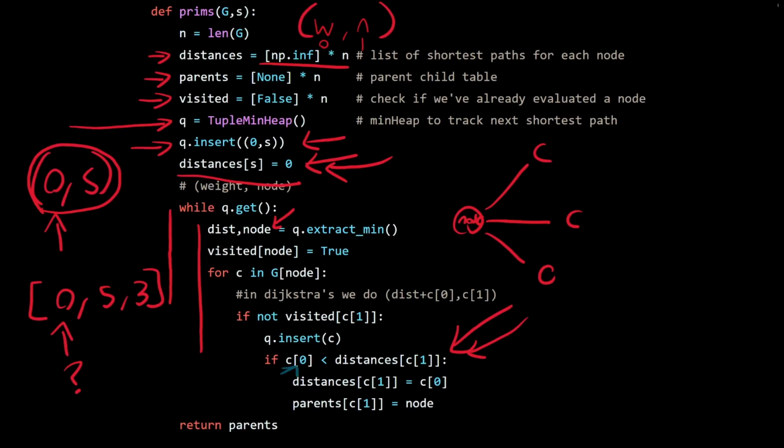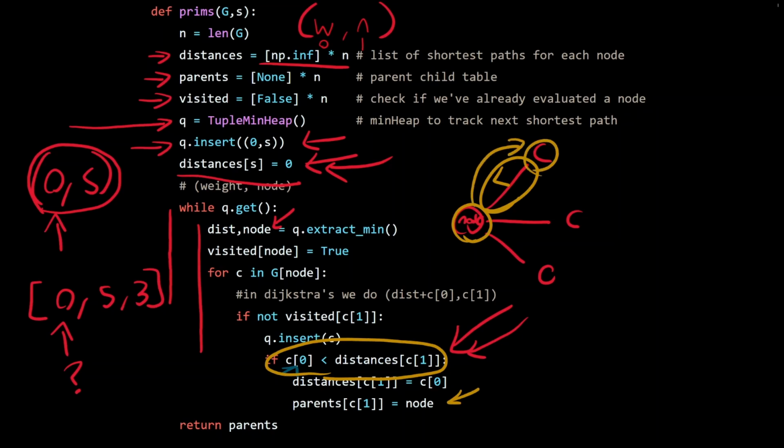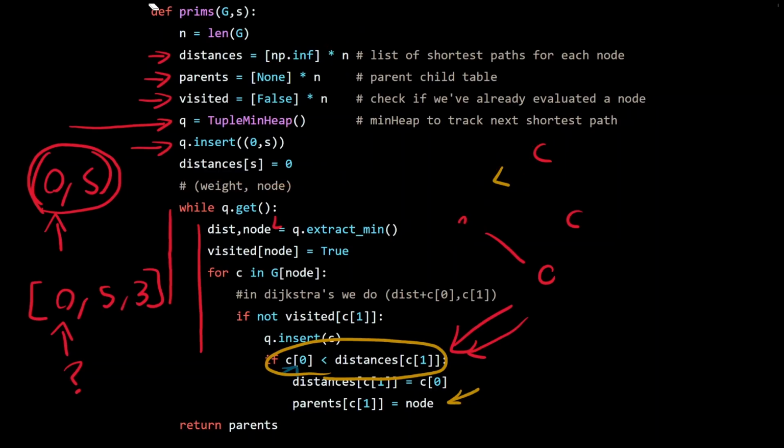Is this edge weight less than what we have in our table? So if we find something less than, we're going to take this path. And we're going to set the new parent to this node, the one that discovered it. And that should be the basic rundown of how this algorithm is working.